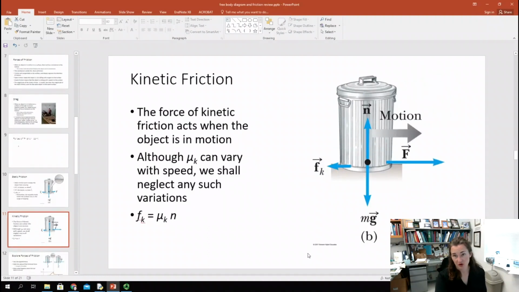Now once I get it going, right, now my kinetic friction, now my friction arrow is going to be smaller in length than my push arrow. Still normal force and gravity acting down, force to the right, kinetic friction to the left. Okay? We're going to neglect for now any variation that the kinetic coefficient of friction would have with speed. Although it has been shown to have a small dependence, we're going to ignore that for now.